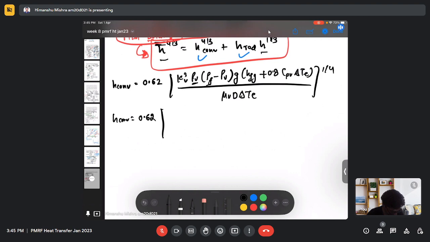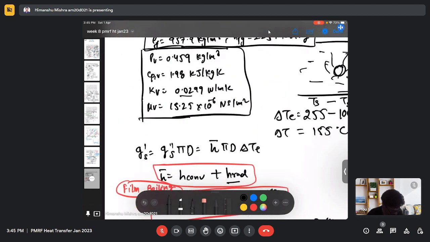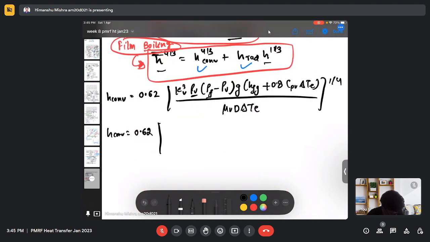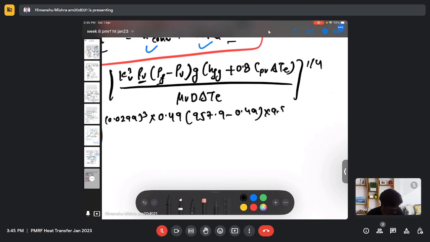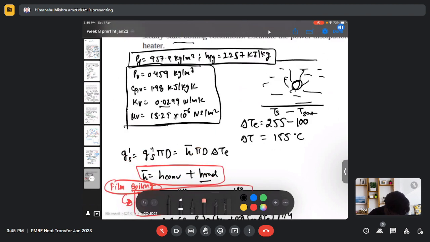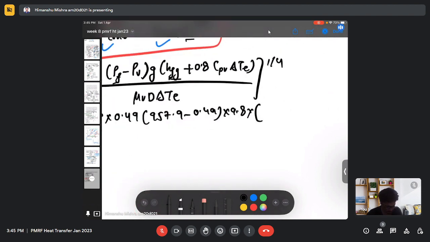My thermal conductivity of vapor was 0.0299. My density of vapor was around 0.459, and density of liquid was 957.9. My latent heat is 2257 kilojoule per kg.